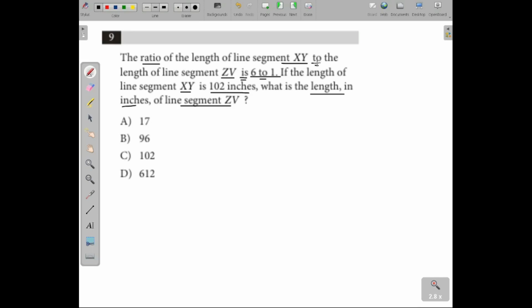So in this case, we have to look for the keyword "to", and we have another one which is "is". The first one, "to", means a division, since we're talking about ratio. XY to segment CB, which is the same as saying XY divided by CB.